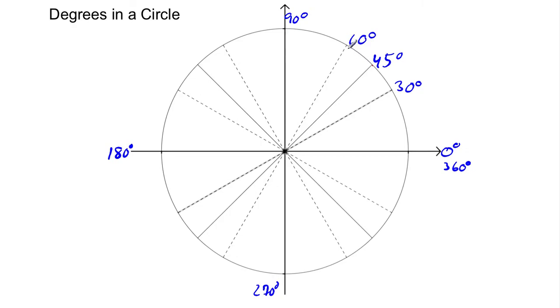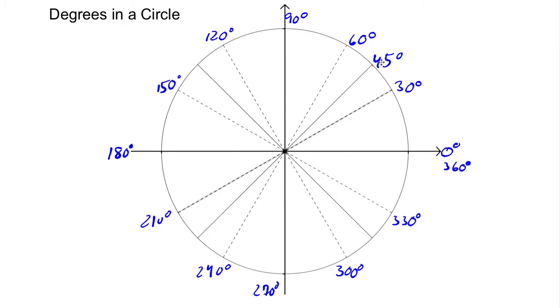Notice these two dotted lines are 30 and 60. And so if we continue going around, we have 30, 60, 90, 120, 150, 180, 210, 240, 270, 300, 330, and finally 360.